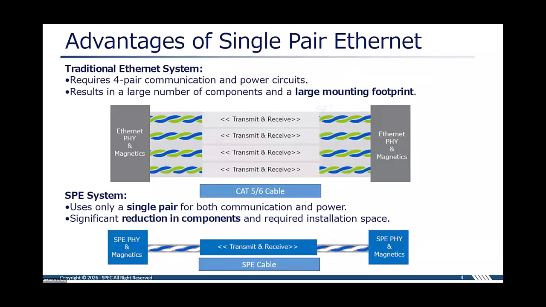The advantage is that traditional Ethernet systems using category 5 or 6 cables require 4 pair circuits, leading to a large footprint. SPE reduces this to a single pair, significantly cutting down the number of components and physical space needed for installation.